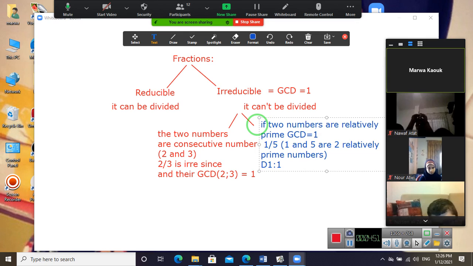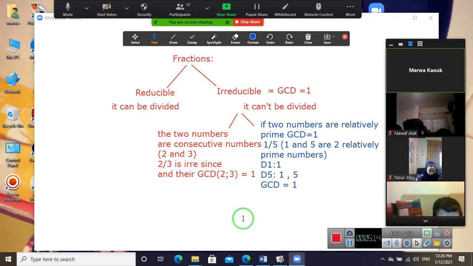We have 1. The divisors of 5 are 1 and 5. So the GCD between them is equal to 1. So we have two ways to get an irreducible fraction. If they are two consecutive numbers, it's irreducible since the GCD is 1. If their GCD is 1 and they are not consecutive, they should be two relatively prime numbers.